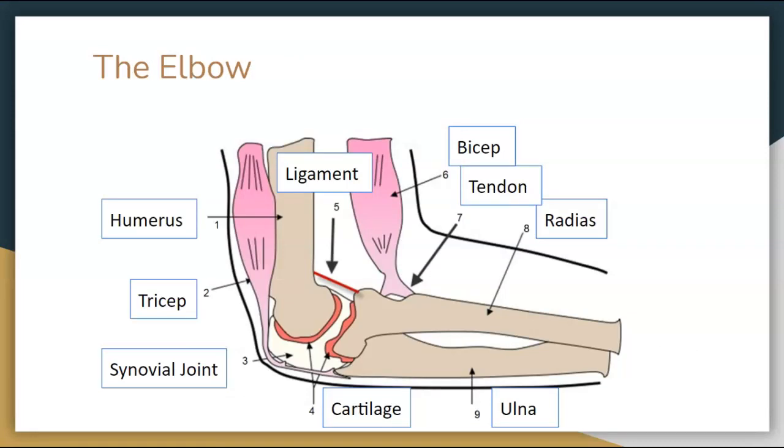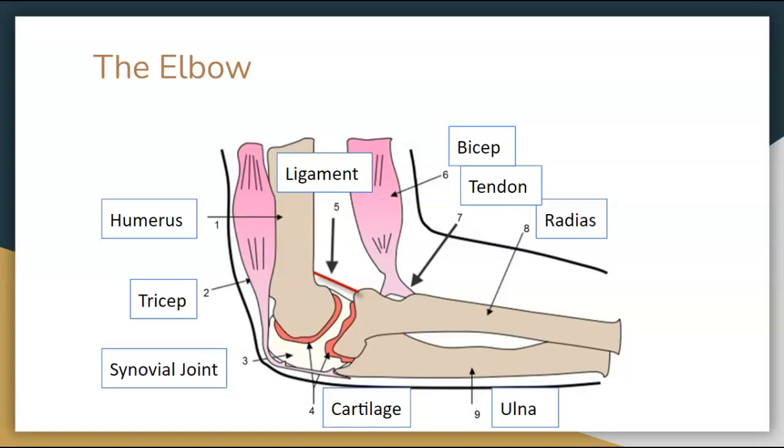Now, the elbow is not a synovial joint. Well, it is, but it's not a ball and socket, which is the kind you typically think about. This is a hinge joint. But this is one that we're going to talk about a lot. We're going to focus on it when we do a dissection.